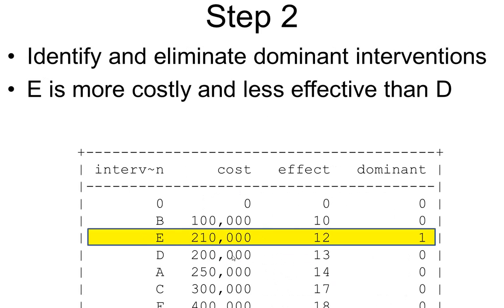So we can eliminate intervention E from our portfolio of interventions that we're considering, because of this comparison of E to D. In other words, we're saying that E is dominated by D. So we're going to drop E.